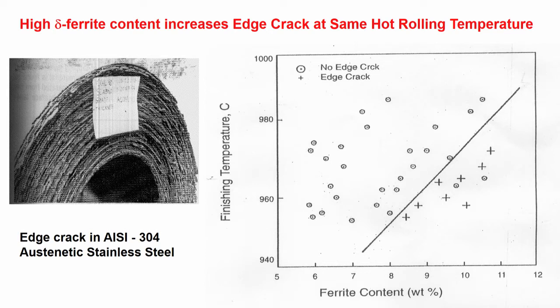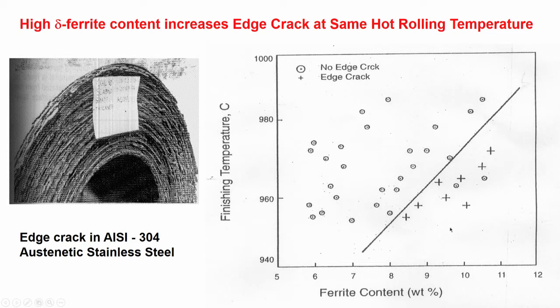Through metallurgical investigation we have found that if the ferrite content is up to say 7%, there is no edge crack. But as you increase the ferrite content, there is a possibility of increase in edge crack.